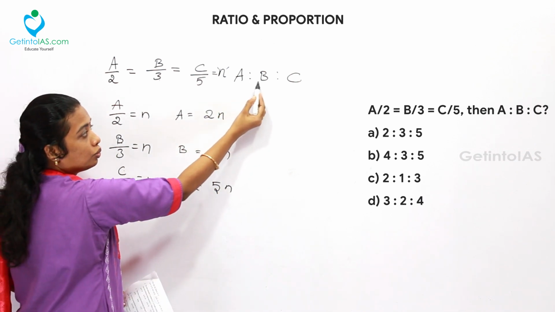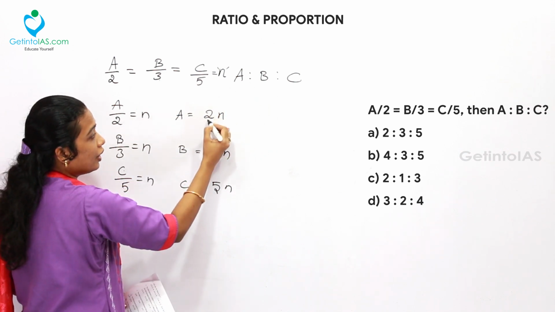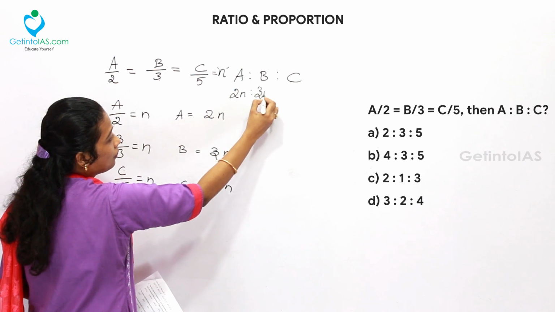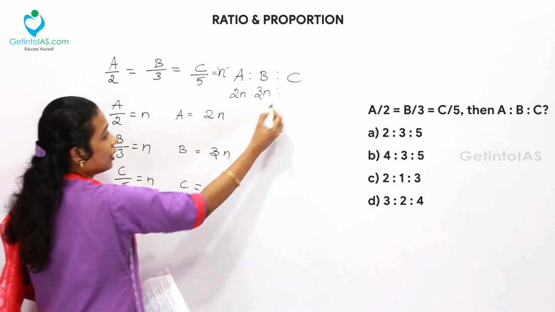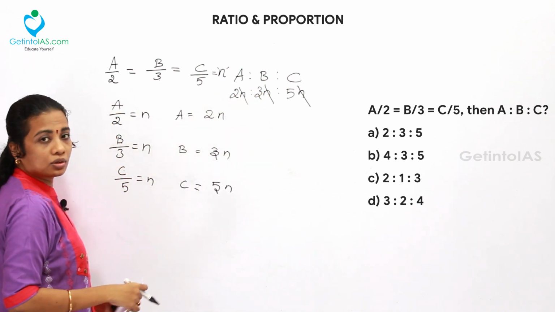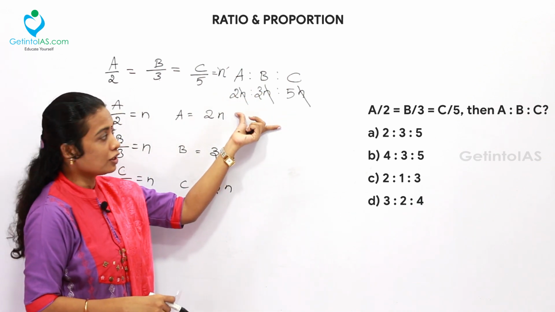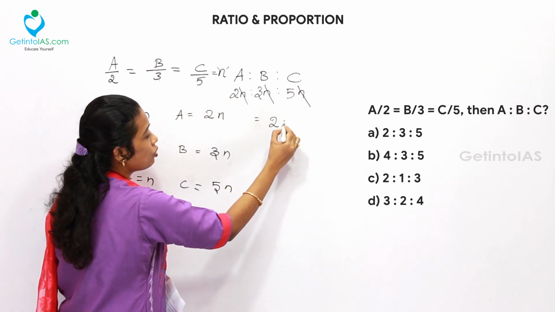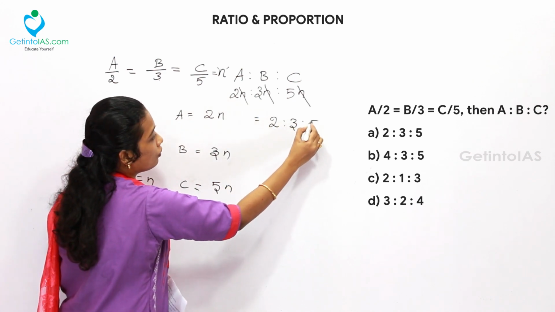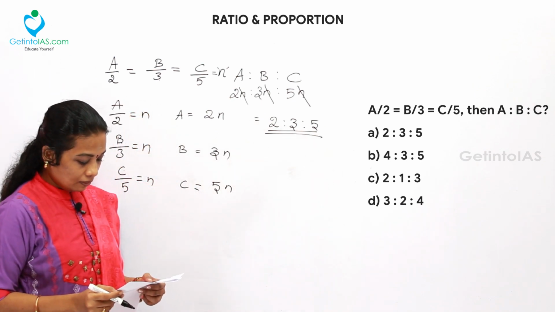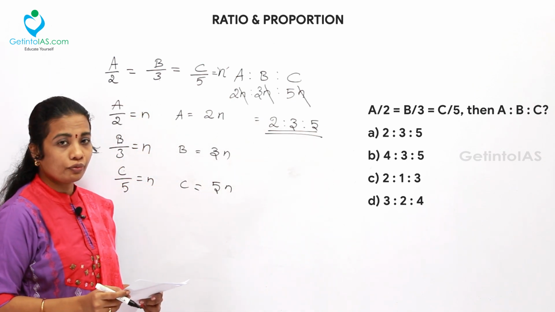Now bringing into the ratio form, a is 2n, b is 3n, and c is 5n. You can cancel n because the same value is multiplied and divided. Finally, my answer for a is to b is to c is 2 is to 3 is to 5, and this is given in option A, 2 is to 3 is to 5.